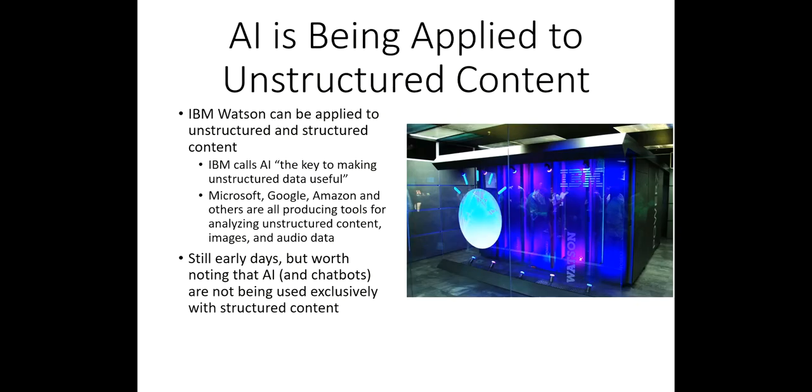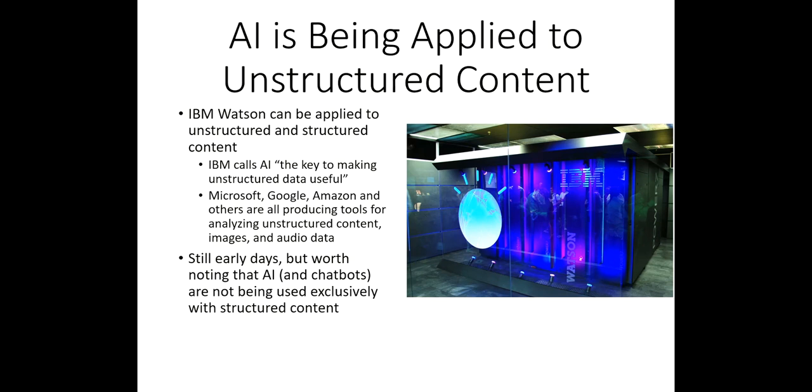And that is because artificial intelligence is also being applied to unstructured content. If we're looking at things like, say, IBM Watson, which is depicted here, it can be applied equally to unstructured and to structured content. And IBM calls artificial intelligence the key to making unstructured data useful.